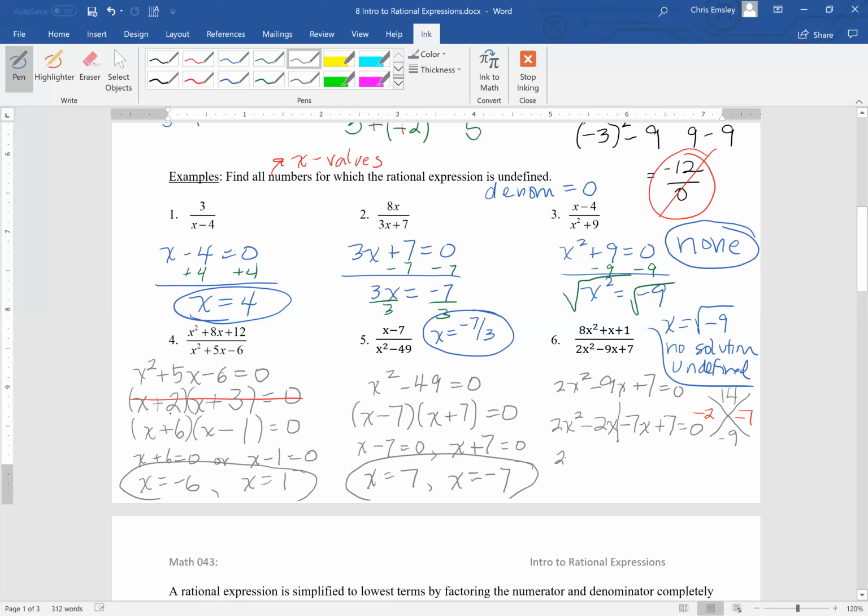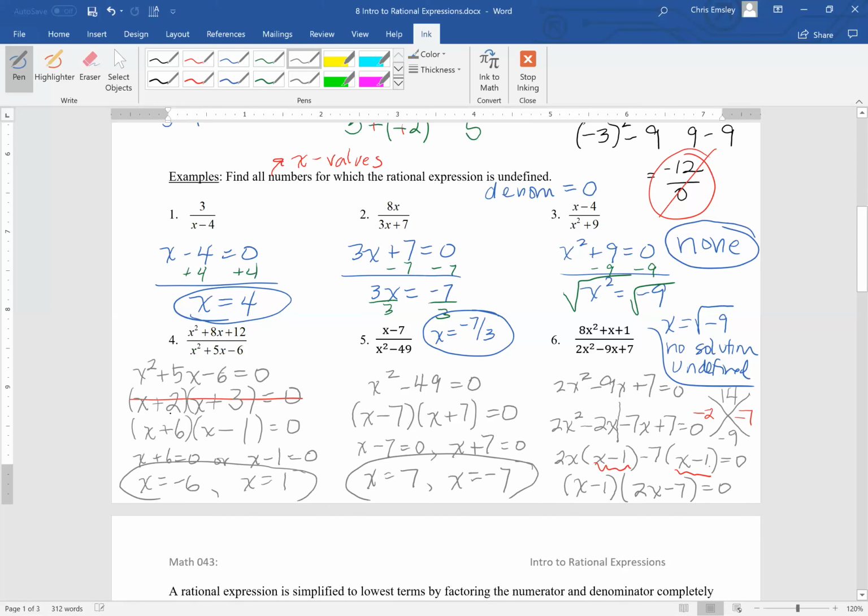So out of those first two terms, I can pull out a 2x, and what's left behind is x minus 1. From my last two terms, I can pull out a -7. What's left behind is again x minus 1. So that means we have factored this into x minus 1, because those two common factors we're going to pull out front like a little GCF. And then what's left behind is 2x minus 7.